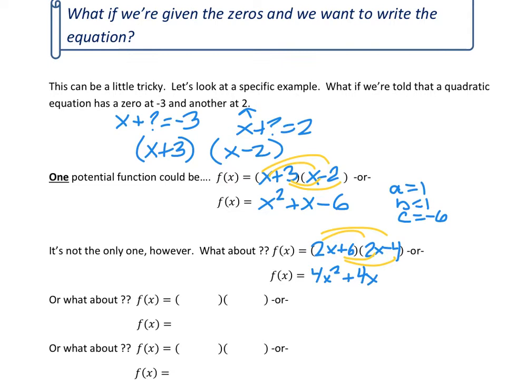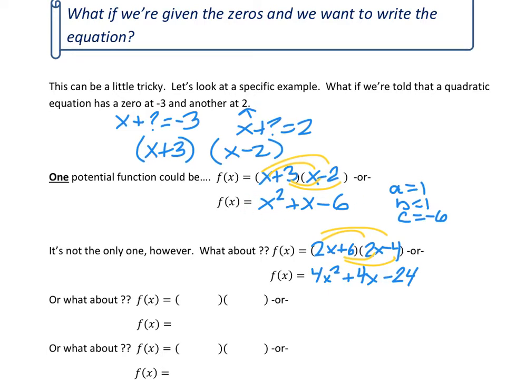And a +6 times a -4 would be a -24. Since I decided randomly to multiply both of those original factors by 2, you can see that these are related.